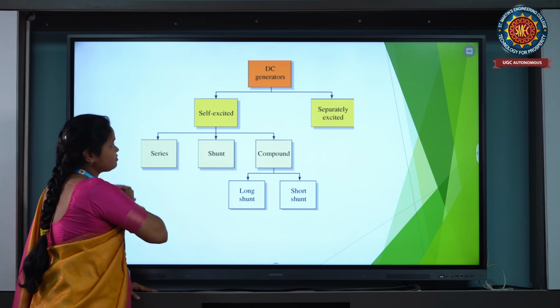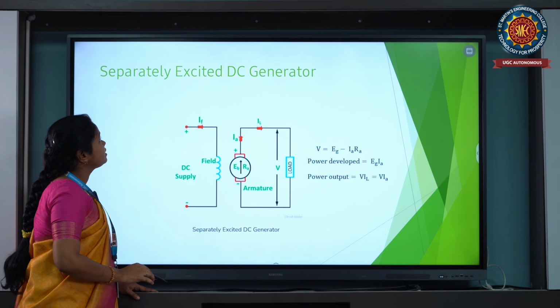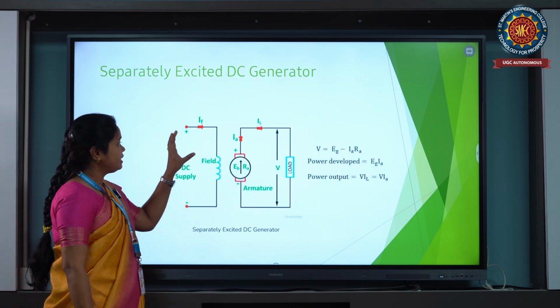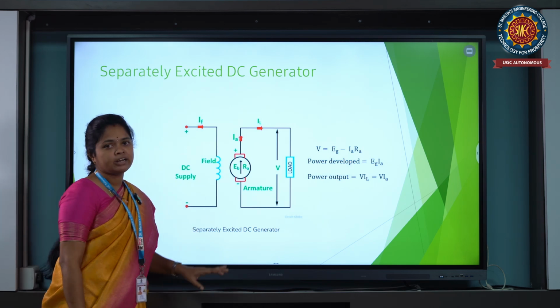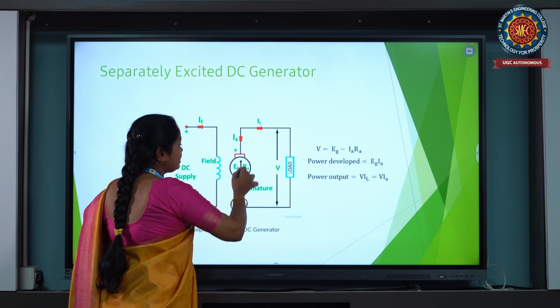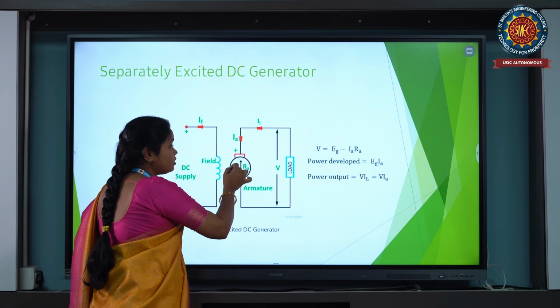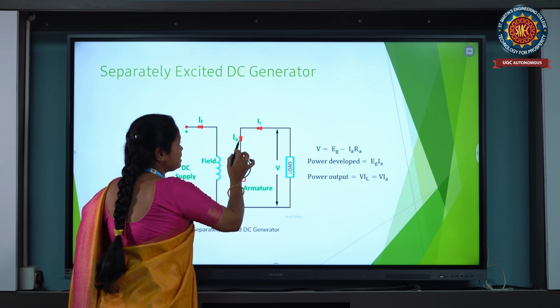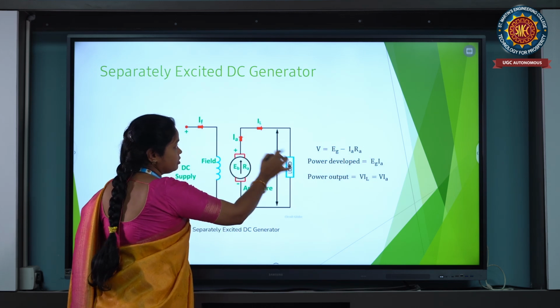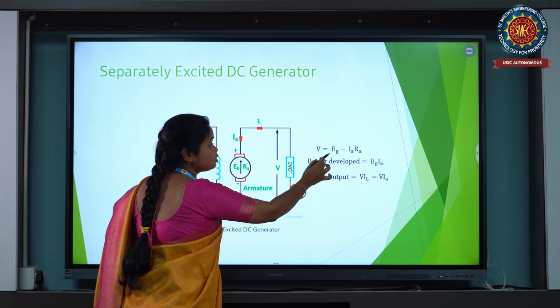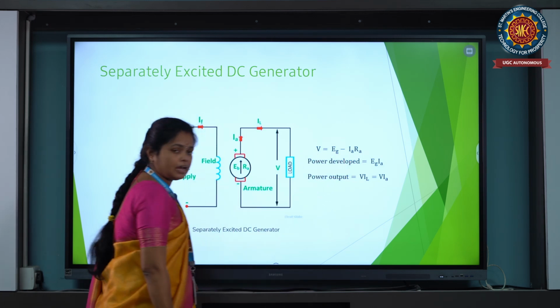This is the separately excited generator circuit diagram. Here the direction of current is different compared to the motor. In the generator, the current is flowing towards the load side. So the IA current equals the IL current, which goes to the load. The voltage equation is V equals EG minus IA RA.